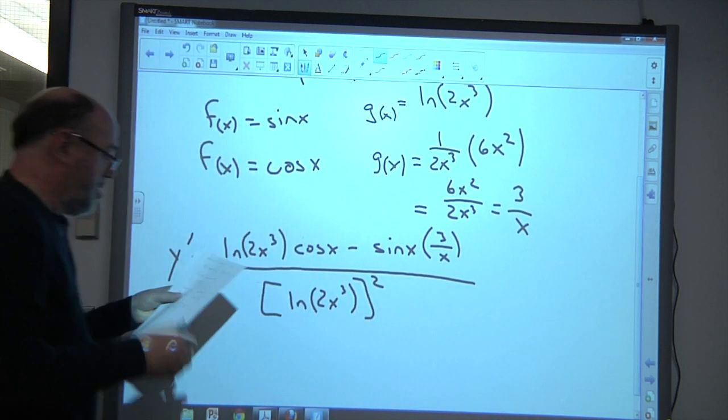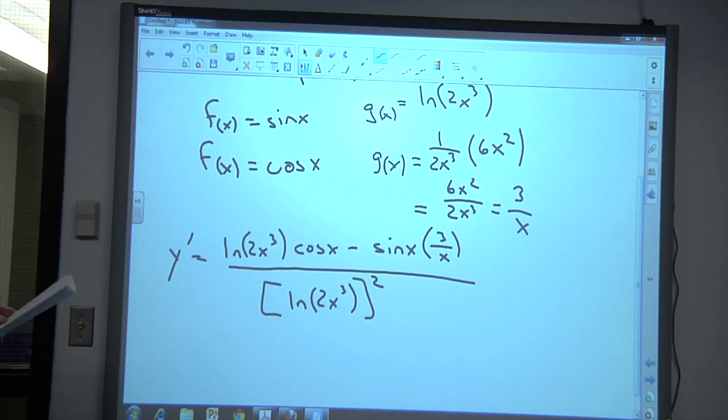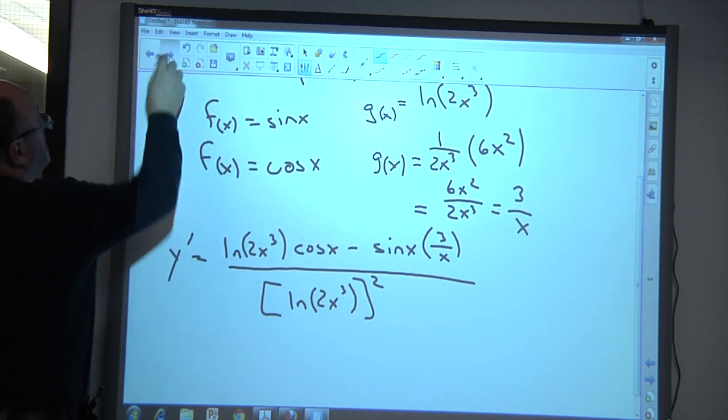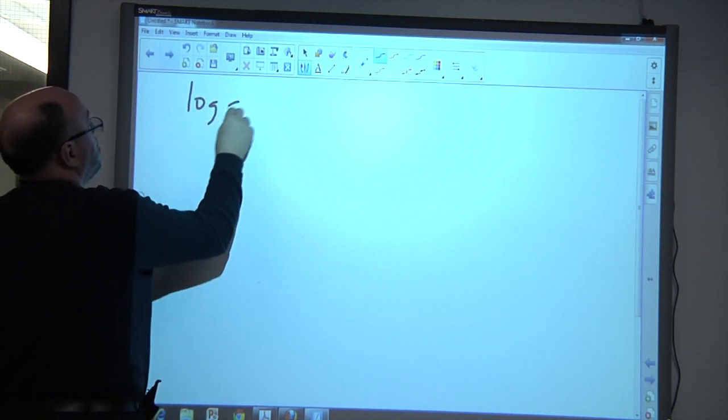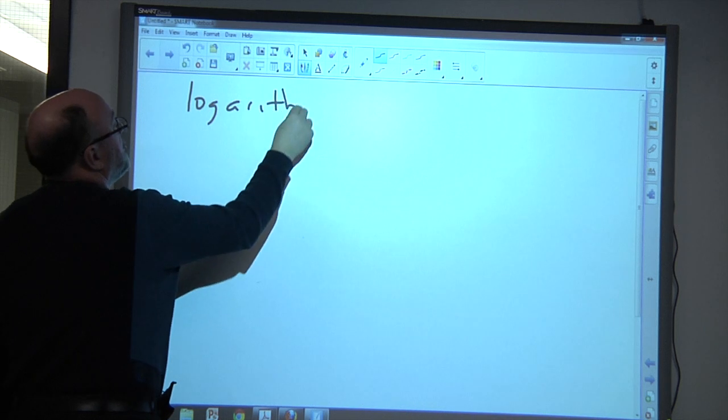And we get that. And like we said before, we will just leave it in the form. So we get in terms of derivatives. In terms of dealing with the logarithm, you get to another process, which is called logarithmic differentiation.